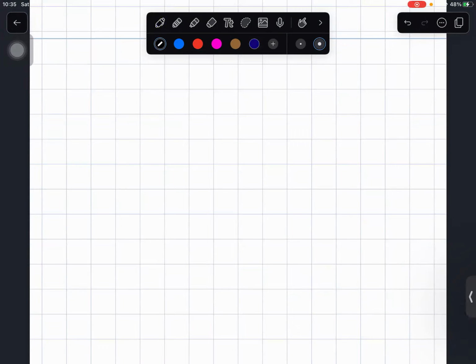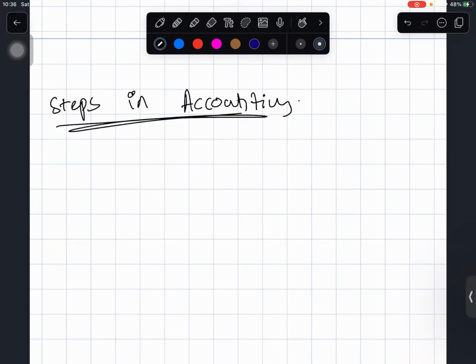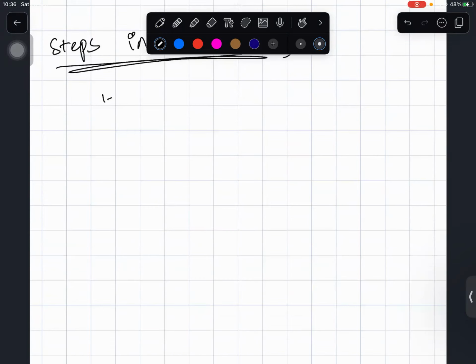Steps in accounting. What is it exactly that we do in accounting? The first step is that we record the transactions.